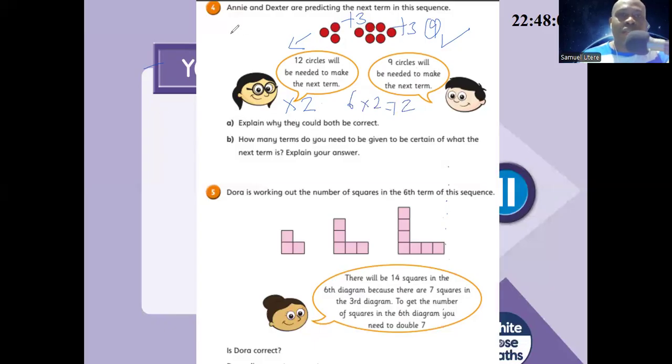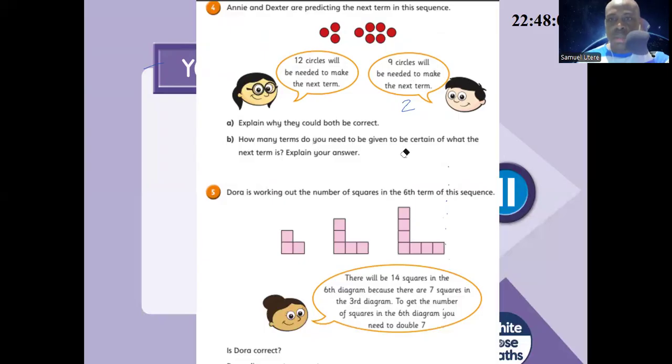So if we had the sequence as 3, 6, and 9, we say, okay, Dexter is definitely right. But if we had the sequence as 3, 6, and 12, we can say, okay, Annie is definitely right. So we need 3 terms to be able to describe a sequence properly.